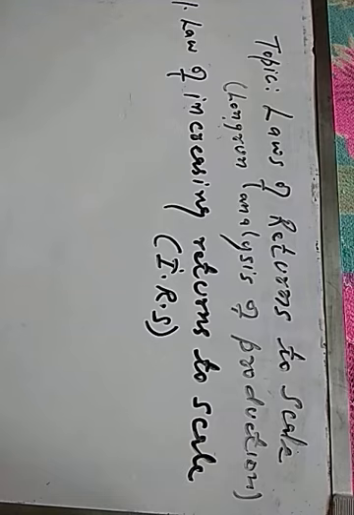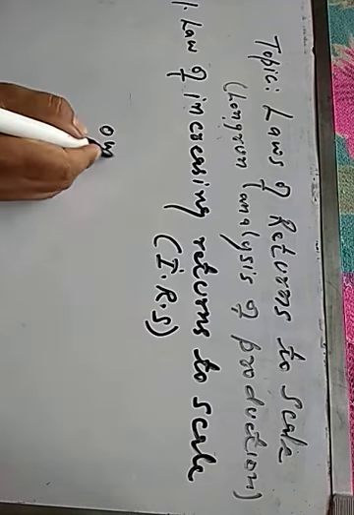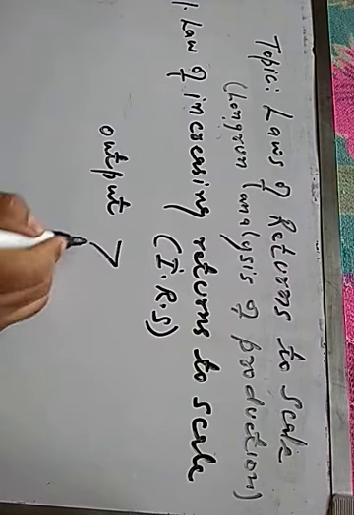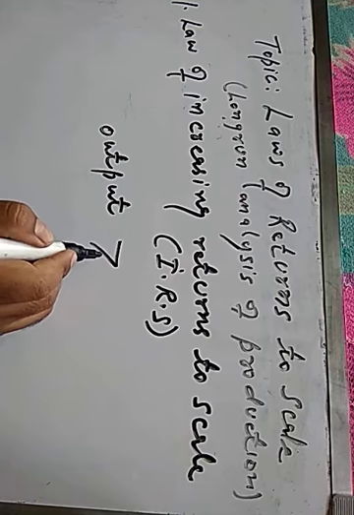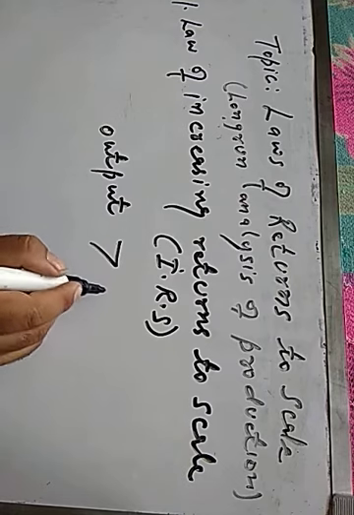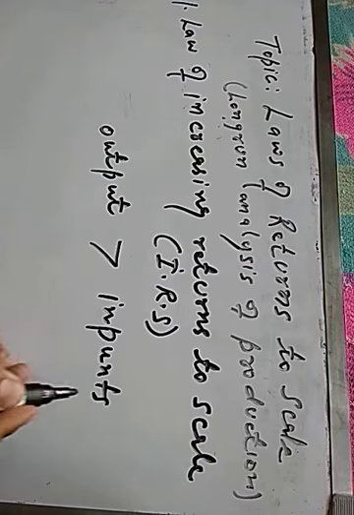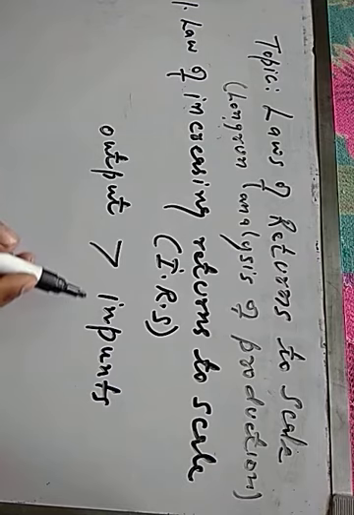In case of increasing returns to scale, the level of output is more than the increase in inputs. That is, output increases more than proportionately to the increase in inputs.